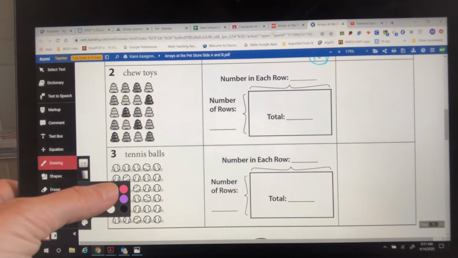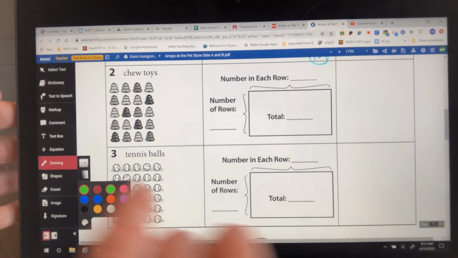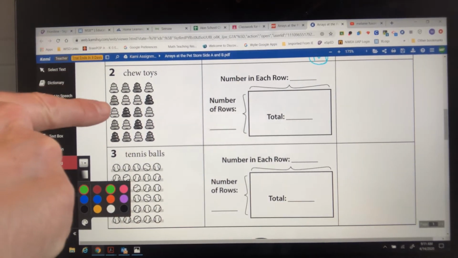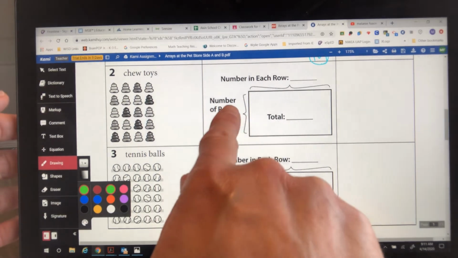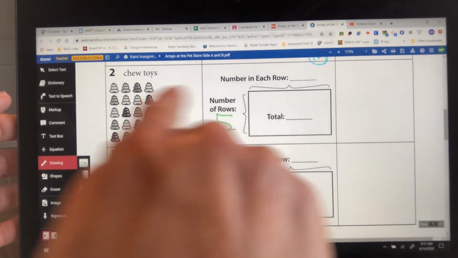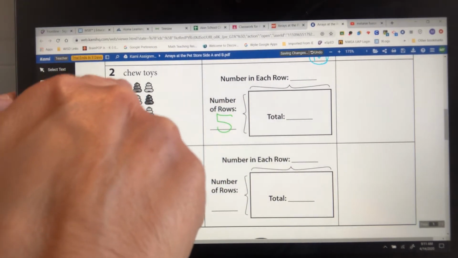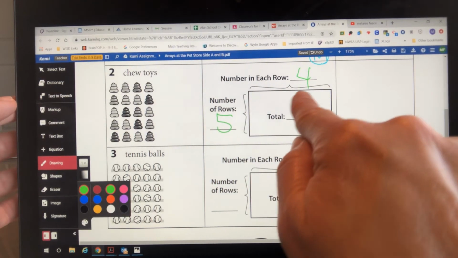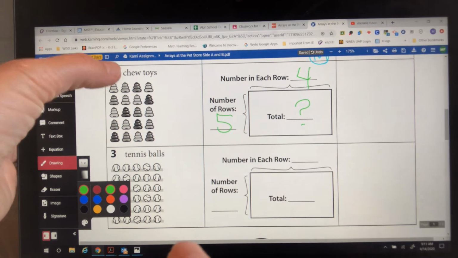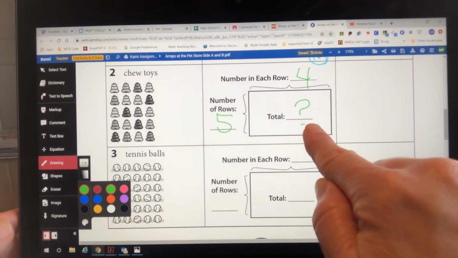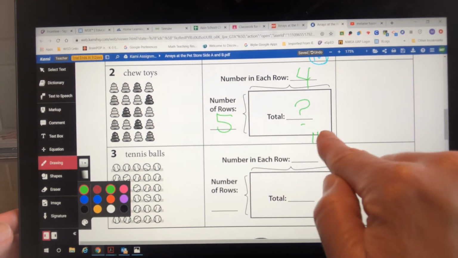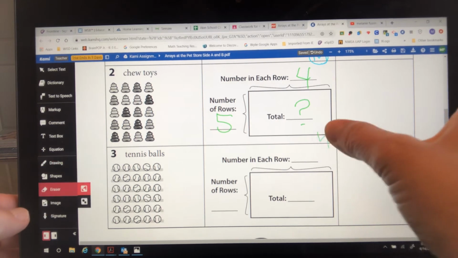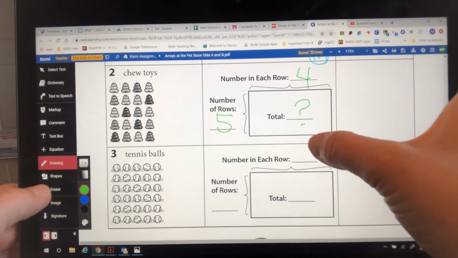All right, I'm going to choose a different color. Let's look at problem 2. In this problem, we've got 1, 2, 3, 4, 5 rows. And in each row is 1, 2, 3, 4. And I'm looking for how many chew toys in all. So I'm looking for the total. I need my eraser. Sorry, my M is not the best.